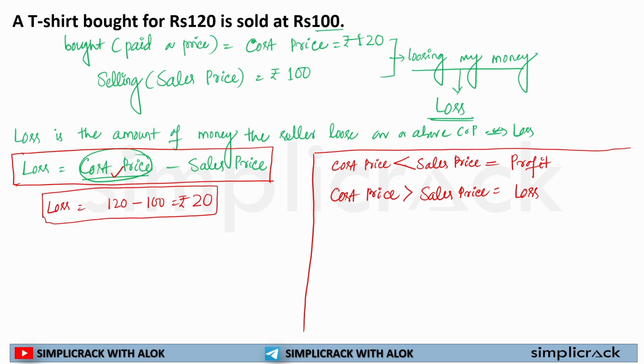But sir, if in some case cost price is equal to sales price, what will happen then? Then there is no profit or no loss. So whenever the cost price is equal to sales price, there will be no profit and no loss. This is the second most important thing you need to remember.